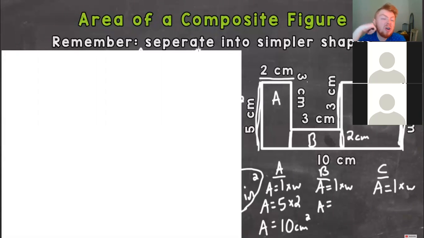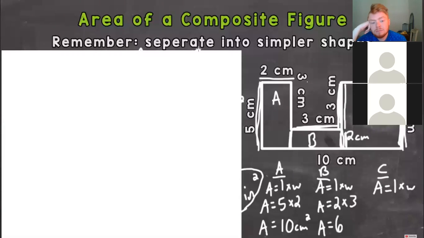And again, I figured that out because this 3 right here plus this 2 centimeters equals the total height of the 5 centimeters given to us on the left and right-hand side. So sometimes in composite figures, you have to figure out some measurements that aren't given. So our length is going to be 2 times the width of 3 centimeters, which is given. So 2 times 3 gives us 6 square centimeters.